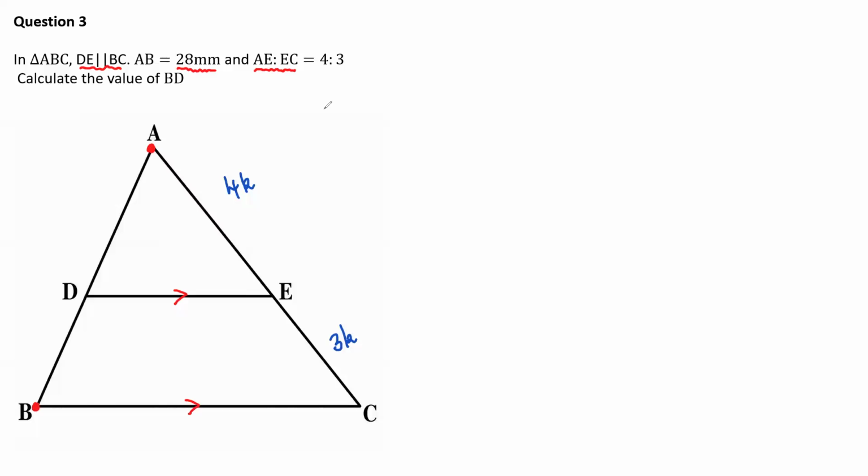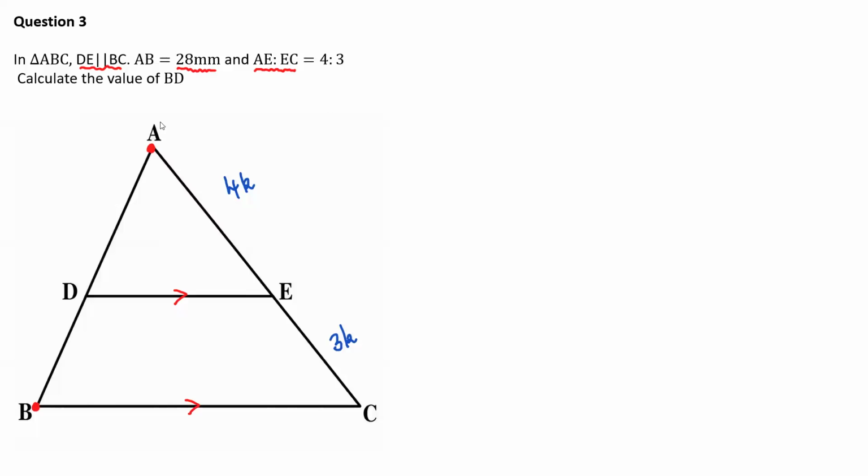That's what you do. So AE to EC is not 4, is not 3, but it's 4K, 3K, signifying that K can be any number. Point is the ratio is 4:3.